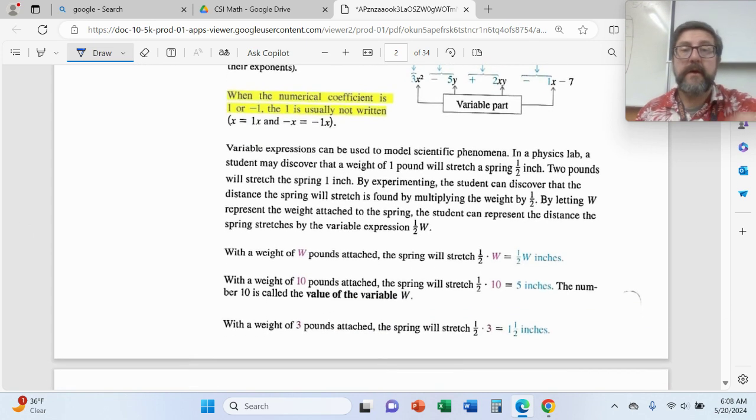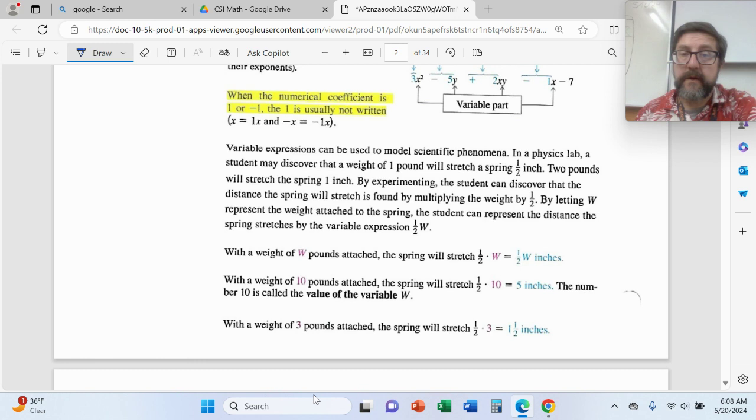Okay. Variable expressions can be used to model scientific phenomena. In a physics lab, a student may discover that a weight of 1 pound will stretch a spring half an inch. A 2 pound weight will stretch the spring 1 inch.